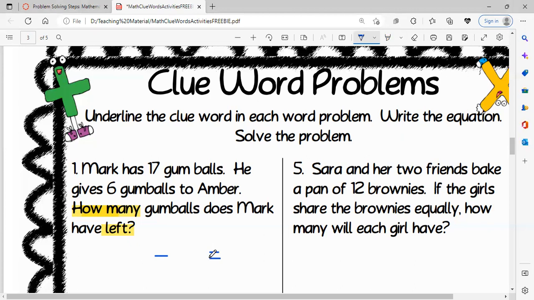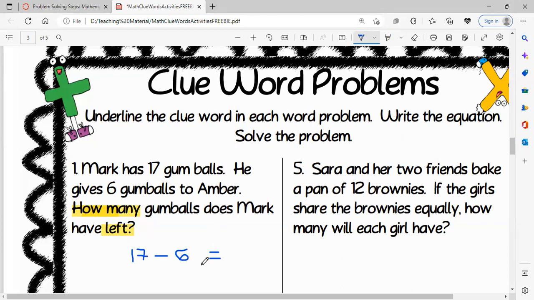Because it's an equation, it needs an equal sign. But what are the numbers that we're going to put between the subtraction, 17 and 6. Where must the 17 go? The 17 must go before the subtraction symbol, and the 6 must go after the subtraction symbol.